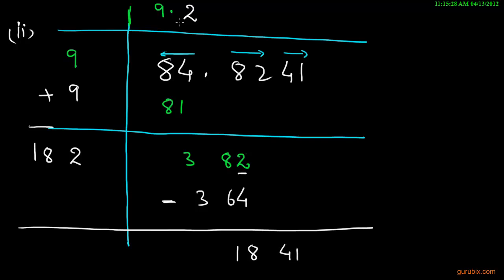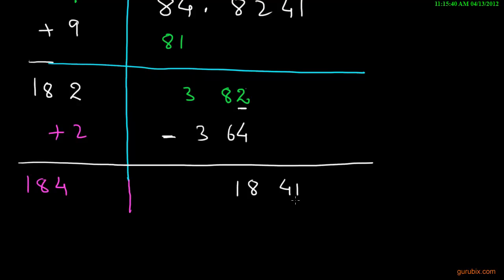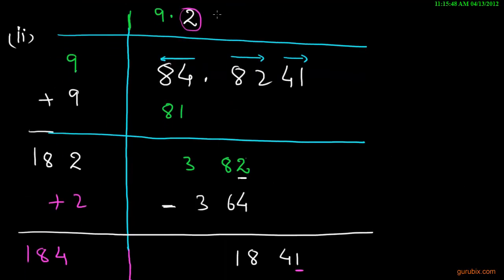Now we shall add this digit here to get 184. Now we shall keep away this unit digit and take the number 184 to divide by 184 to get 1. So we shall write 1 here and 1 here.